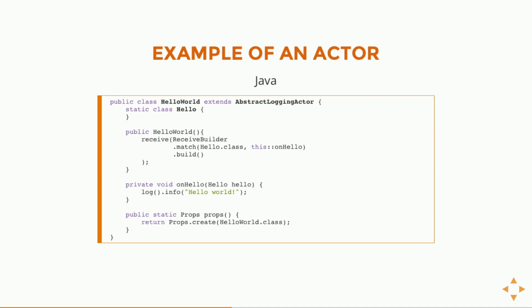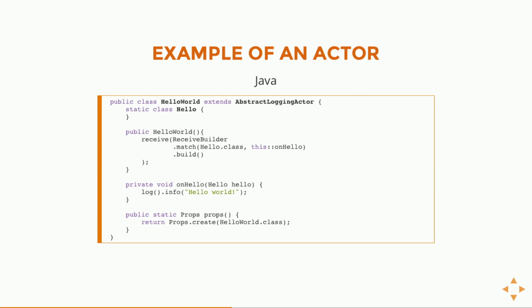Then we have the constructor, in which you see that we call the receive method, and this receive part right here contains the matching of the logic that needs to be executed when encountering a certain message. And we use the ReceiveBuilder for this purpose. So you see right here that we perform a match on the Hello class, so on the Hello message, and we link the onHello method to this message.